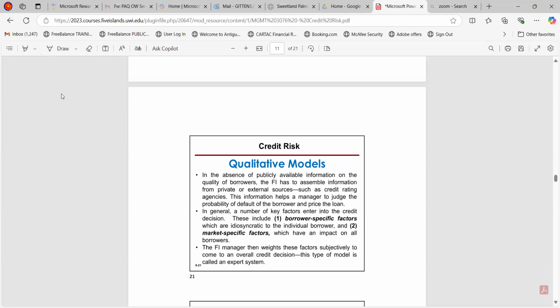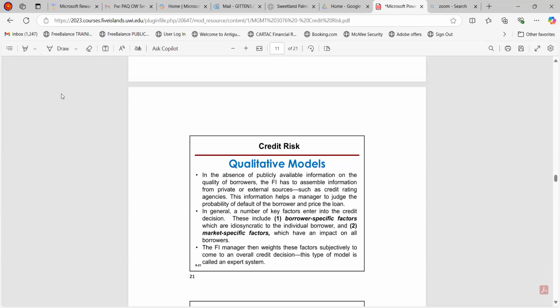In the qualitative models, you have what you call the borrower specific factors, which are based on the individual borrower. You can get that borrower's credit rating from the credit bureau. You would also get the borrower's current financial information: how much the borrower makes, and what the borrower's financial obligations are.